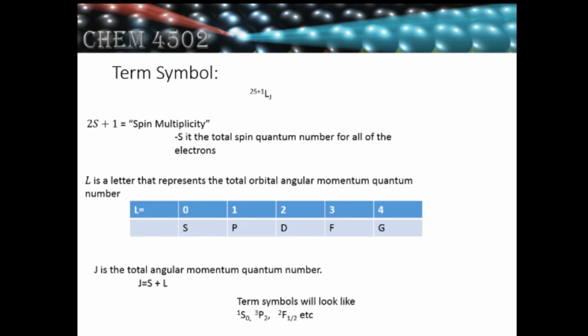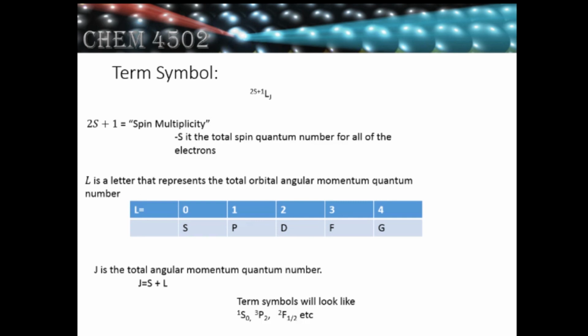Let's take a look at this term symbol, 2S plus 1 L subscript J. The 2S plus 1 is the spin multiplicity. In other words, it's how many states have everything else the same, how many states have the same total spin.